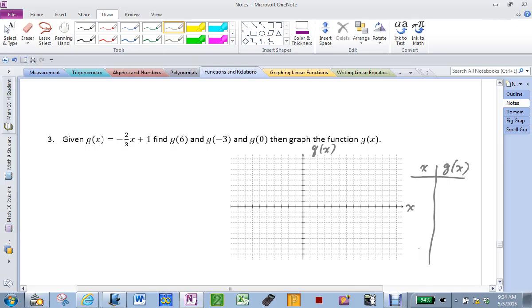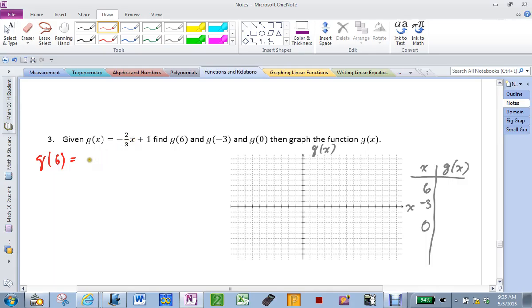But look at this question. Does this question give you specific inputs? What do you have to use in this question? 6, -3, and 0. So those are all my x's. So I need the g of 6 first, don't I? So what does x become? 6.